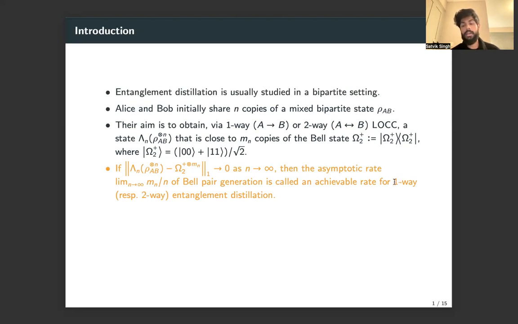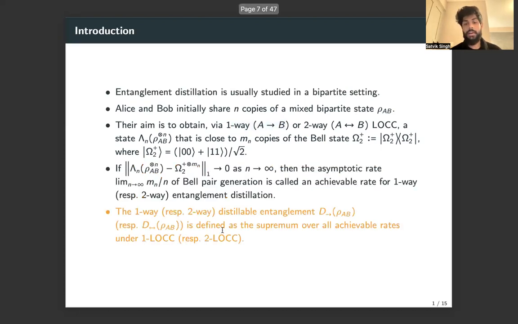It would be called a one-way achievable rate or a two-way achievable rate, depending on what kind of classical communication configuration you allow between the parties. Finally, you optimize over all possible one-way LOCC or two-way LOCC operations to arrive at the quantity of interest, which is the one-way or two-way distillable entanglement of the state.